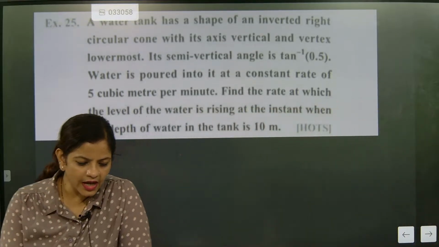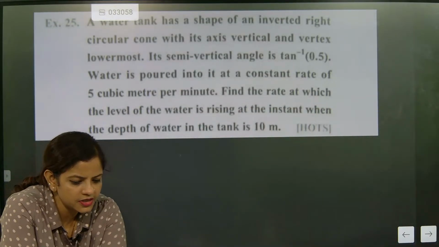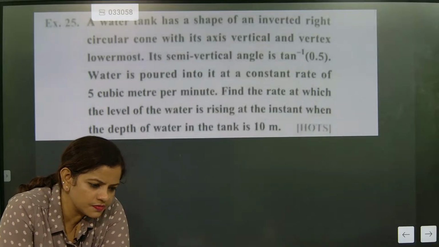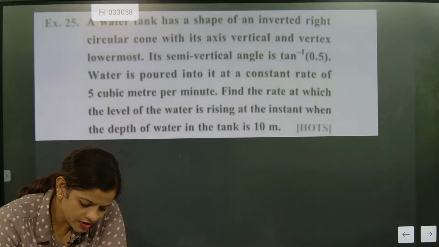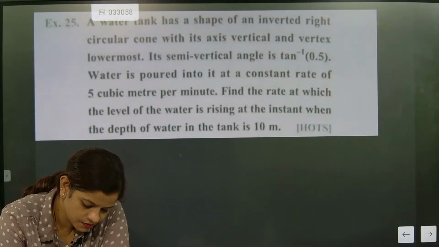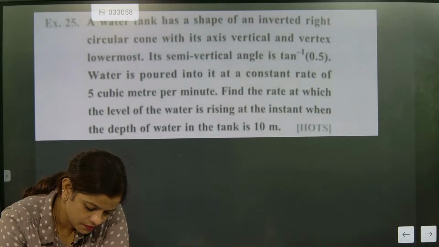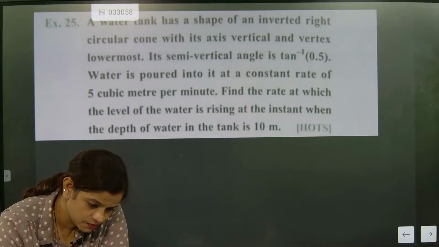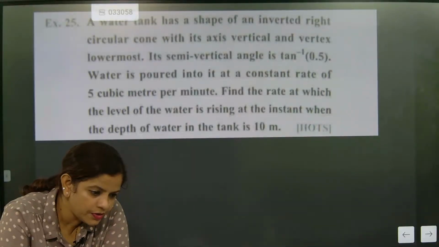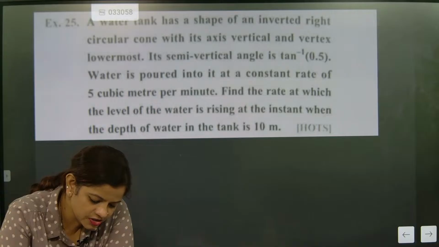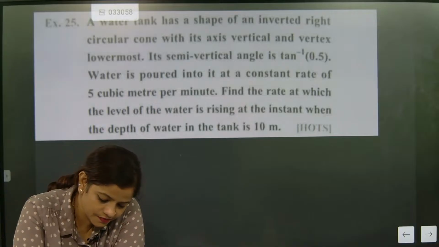Is there 9/1/2026? 9/1/2026 is the final pre-board examination. Pre-board 2. We have time. Don't sleep. Let's finish the entire work. Okay.